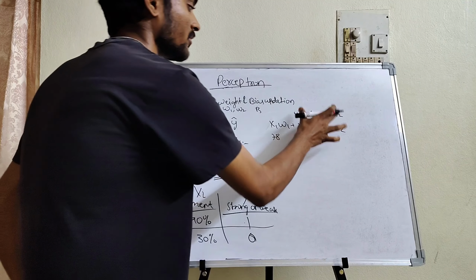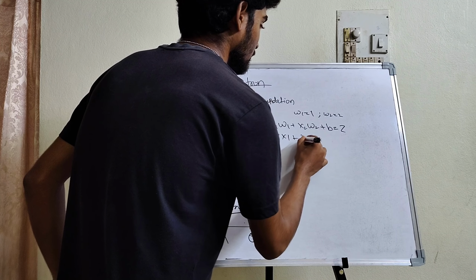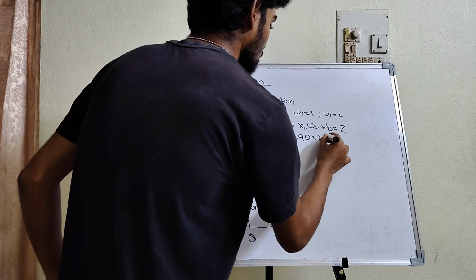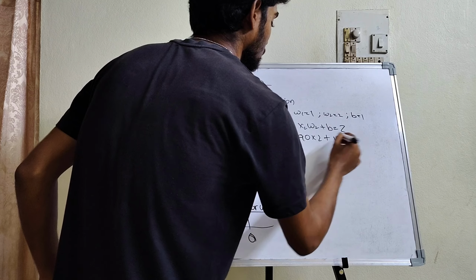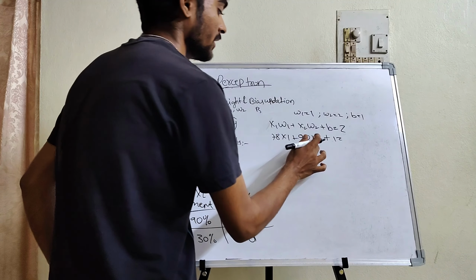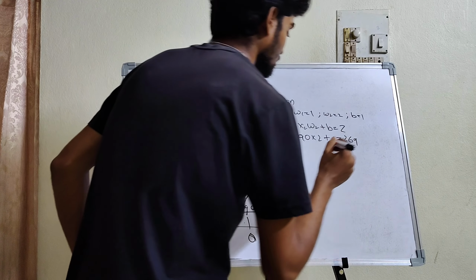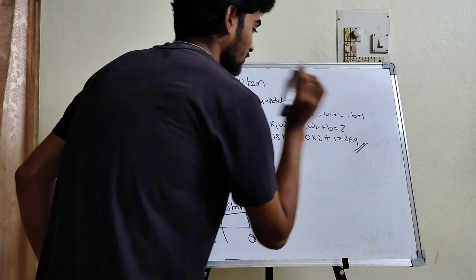Let's assume these are your weights. Let's say 78 into 1 plus 90 into 2 plus bias b, let's say bias b is equal to 1, is equal to 78 plus 180 plus 1, which is 269. This is the calculated z value.